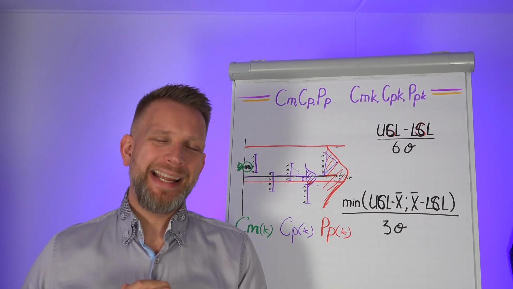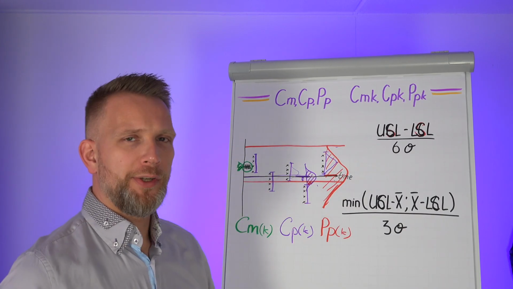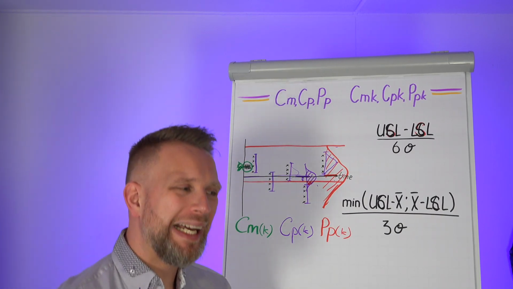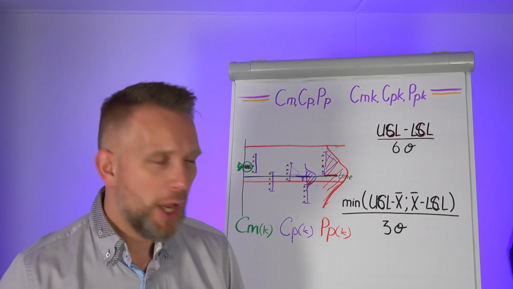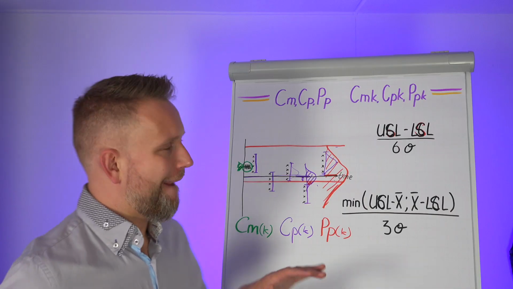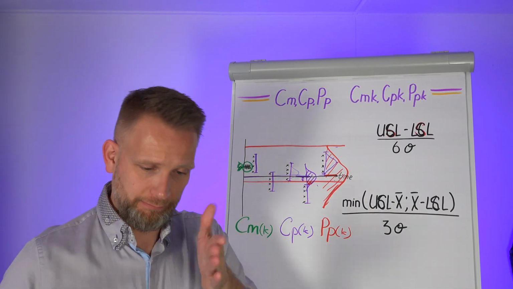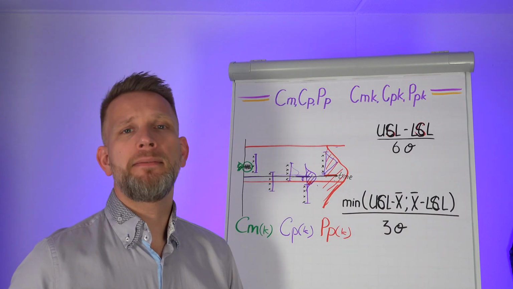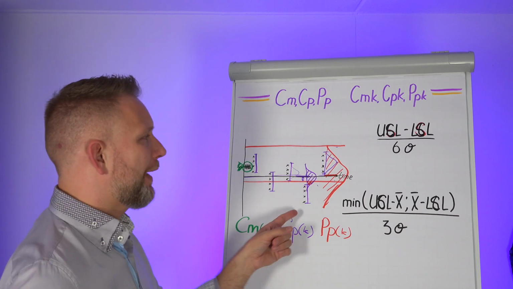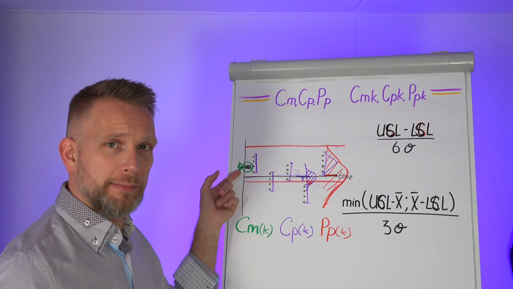But in the beginning of the video, I said, so this is then short term. Well, that depends on your subgrouping. See, if you actually go to the line and you take 4 products immediately, then your sampling plan resembles machine capability.